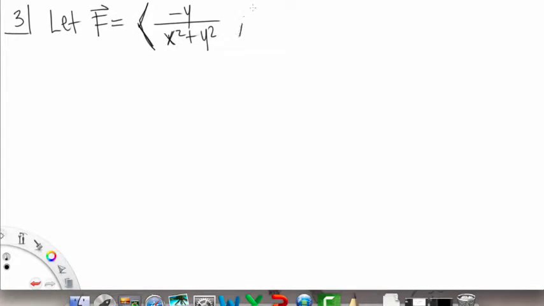All right, so the last question, number 3, says, let F equal the following: negative y over x squared plus y squared, comma, x over x squared plus y squared.